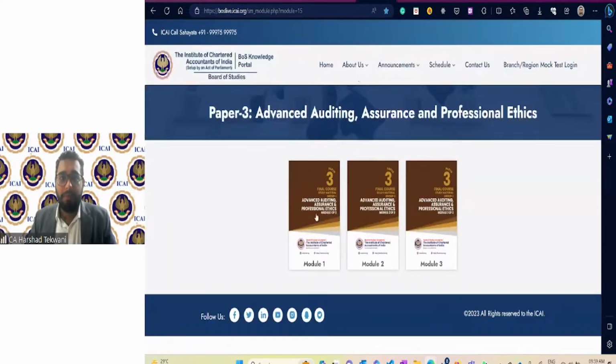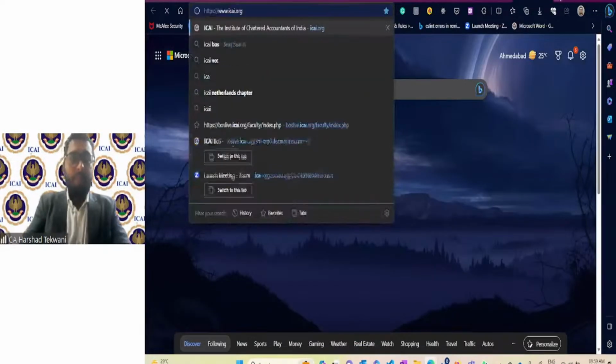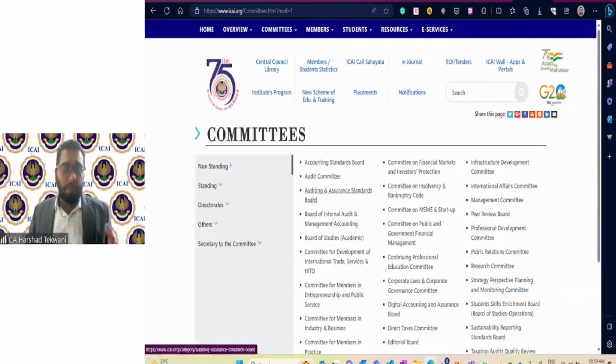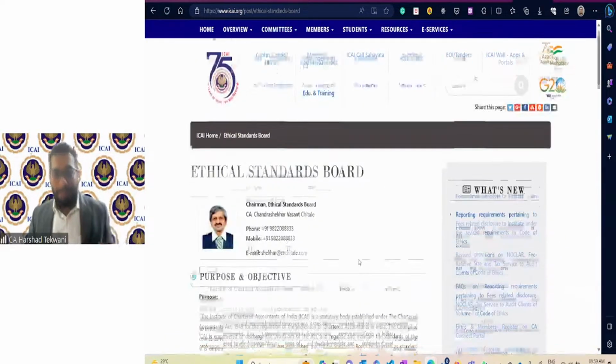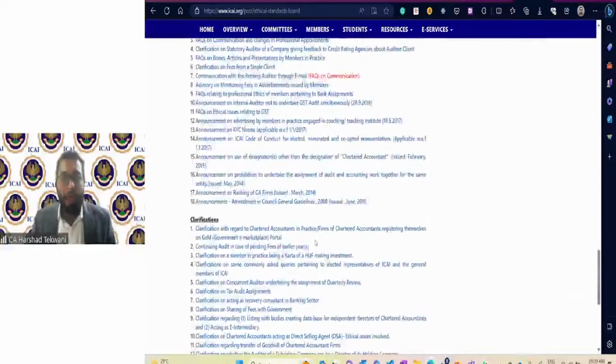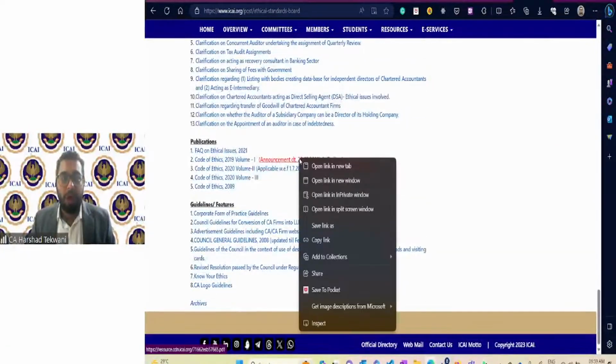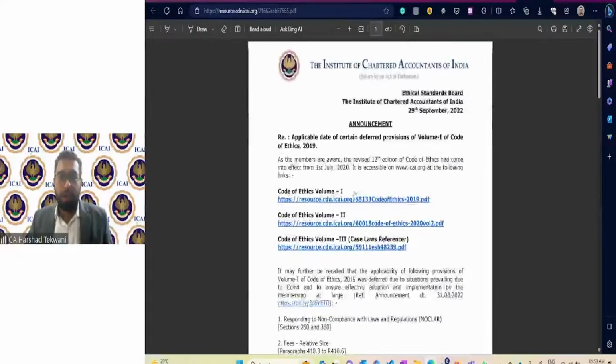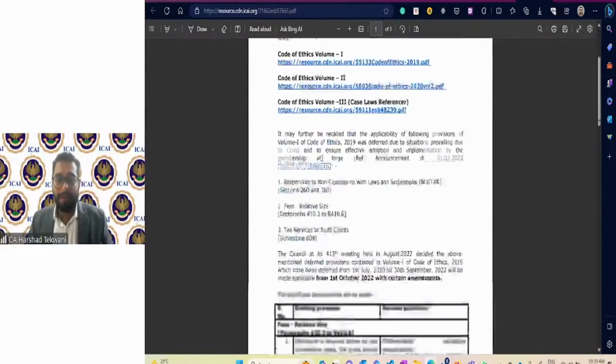Same way, on that particular Ethical Standards Board page, you will also find amendments with respect to the Code of Ethics.